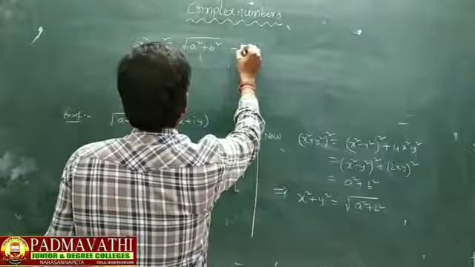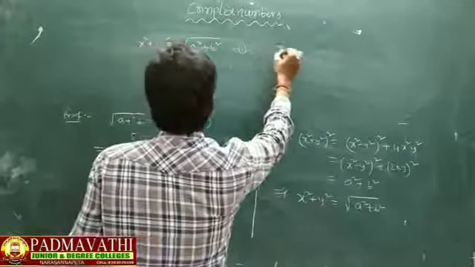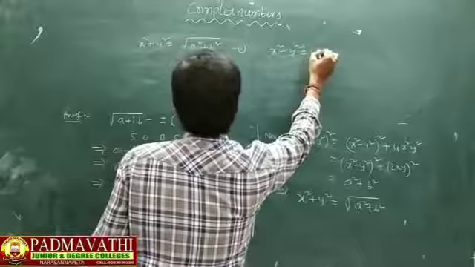Equation 1: x square minus y square equals a.